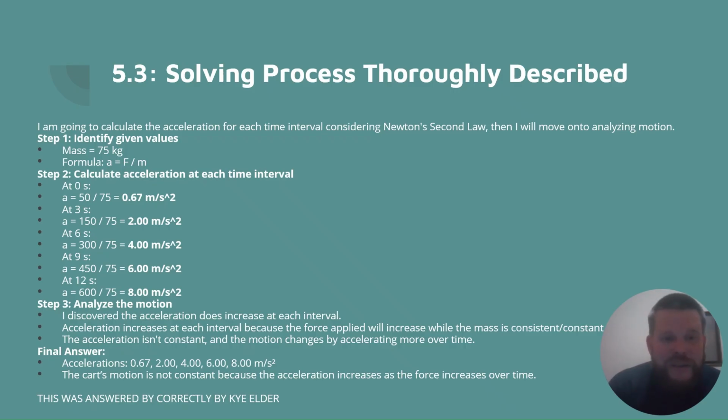Accelerations: 0.67, 2.00, 4.00, 6.00, and 8.00, all in meters per second squared. The cart's motion is not constant because the acceleration increases as the force increases over time. This was also given to my classmates, and Kai solved it correctly.